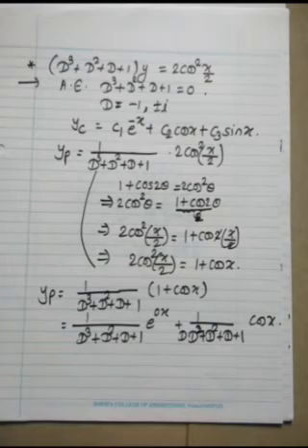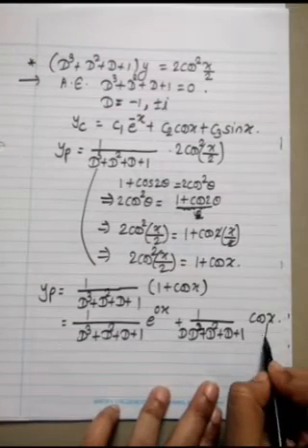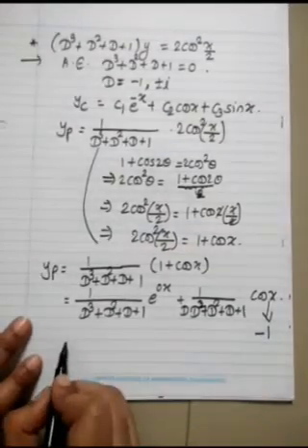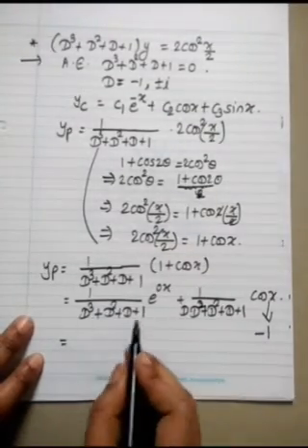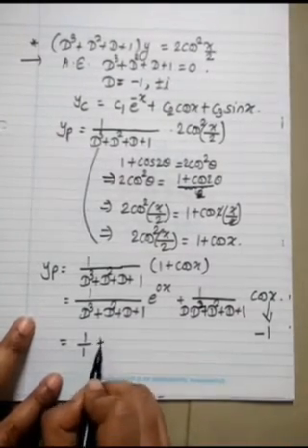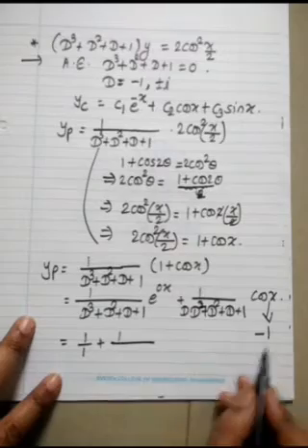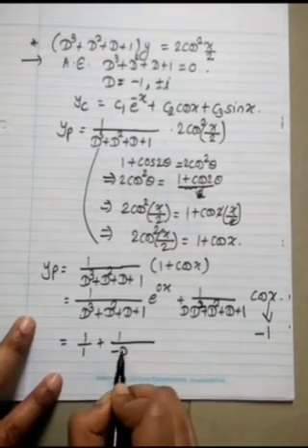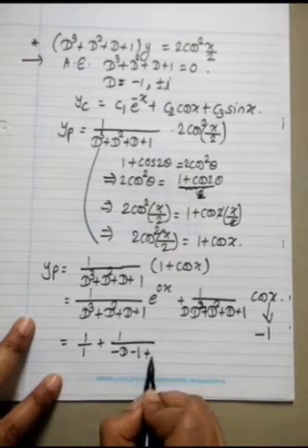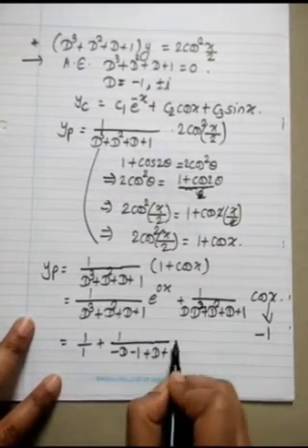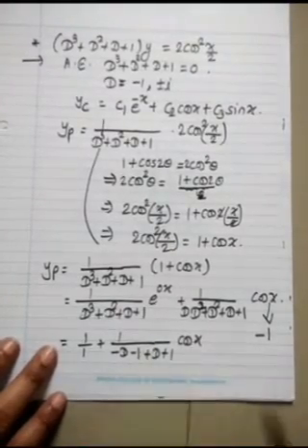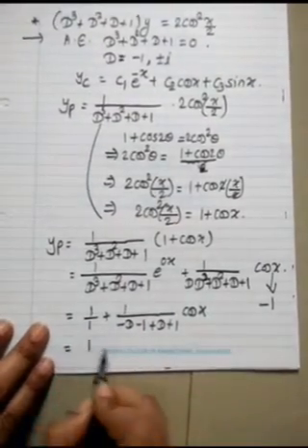We find the number is 1; we square it, 1, and give a negative sign. Here every D we replace by 0, so it is just 1 upon 1, that is 1. Plus D square replaced by minus 1: minus D minus 1 plus D plus 1 into cos x. Minus D plus D and minus 1 plus 1 cancel.